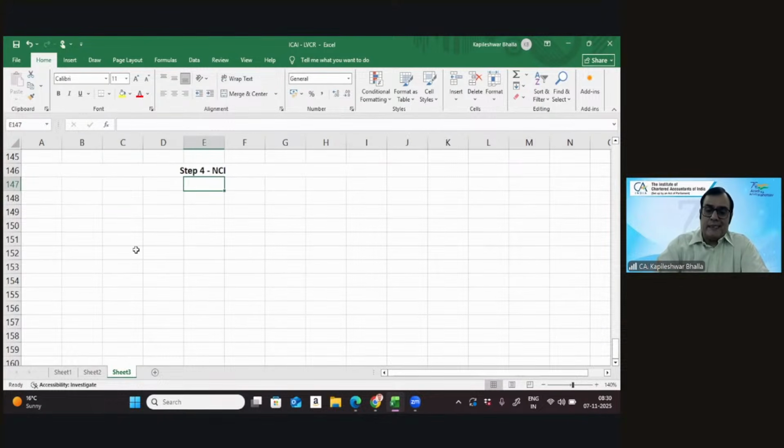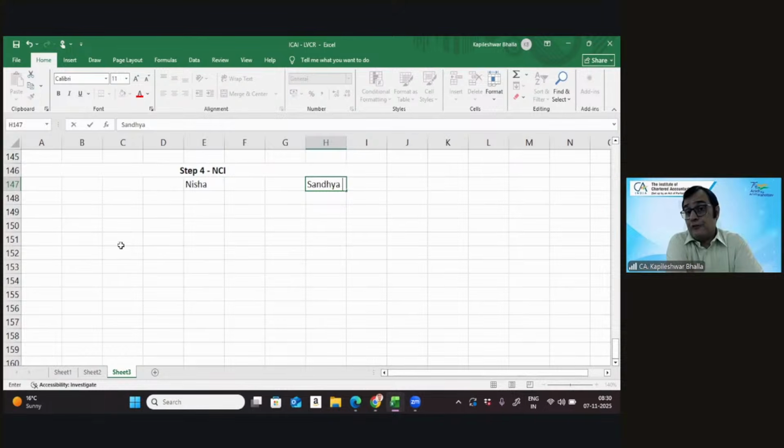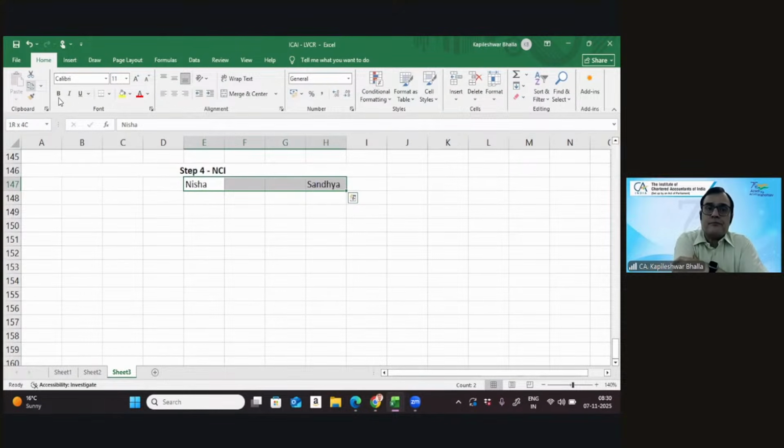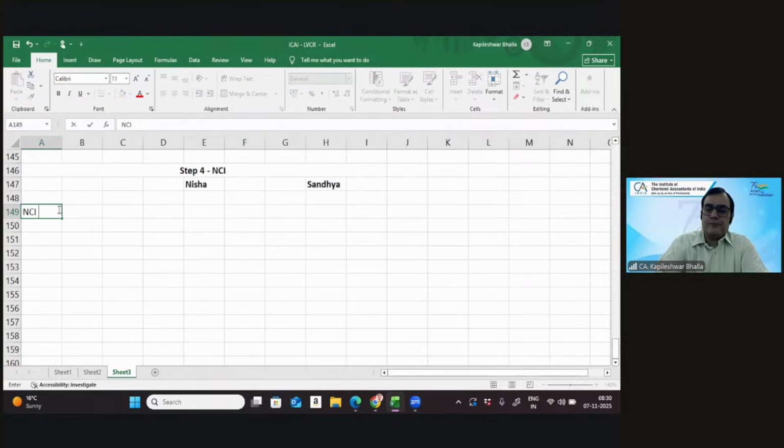We've got NCI in Nisha, and NCI in Sandhya based on the effective percentages, of course. I'm just writing the data: NCI on date of acquisition, add the share in post acquisition.